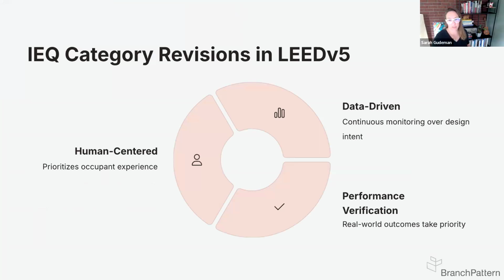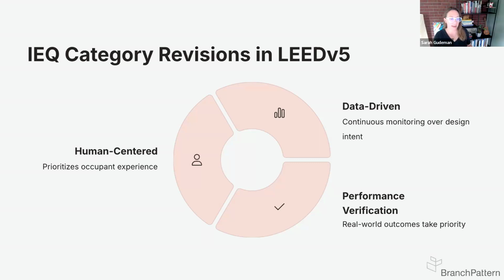This section really explores how IAQ criteria have evolved and emphasizes continuous verification and occupant-centric outcomes. The category revisions in version 5 better align with actual human experience in buildings. That was the intent. And if you're interested in IEQ and this category specifically, again, I'm really proud of what went into the rating system language.